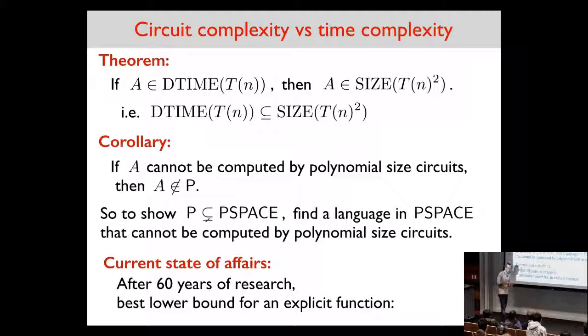After 60 years of research, the best lower bound for an explicit function is, drum roll, 5n minus peanuts. Peanuts means something very small, it doesn't matter. So essentially you can think of this lower bound as 5n. The best lower bound we can show is 5n. And you guys came close. You did 2n minus 3.